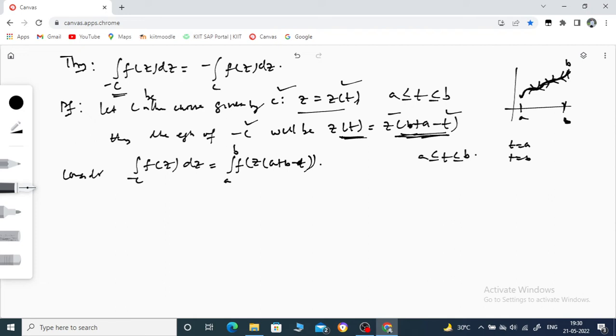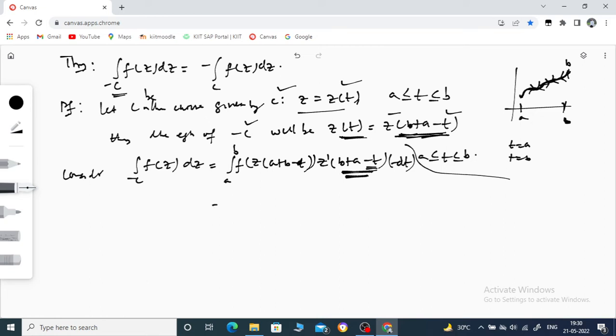So z dash t means z dash of b plus a minus t. Then what is the derivative of the thing which is inside the bracket? This will be minus dt. Whatever is inside this bracket, I am taking the derivative of that, so that will be minus dt.